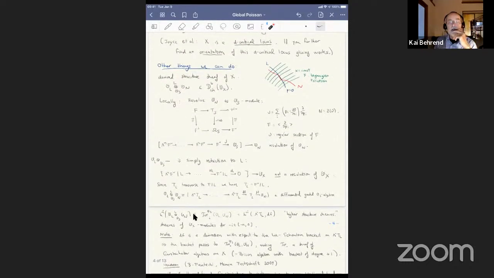This is now a complex of vector bundles on the intersection. Its cohomology sheaves are known as the higher Tor sheaves. These are the higher structure sheaves of the intersections, sheaves of O_X modules. This is degree 0, and it goes into negative degree.